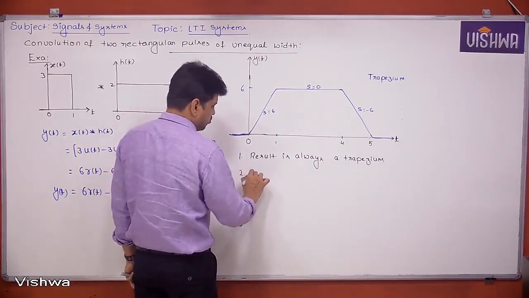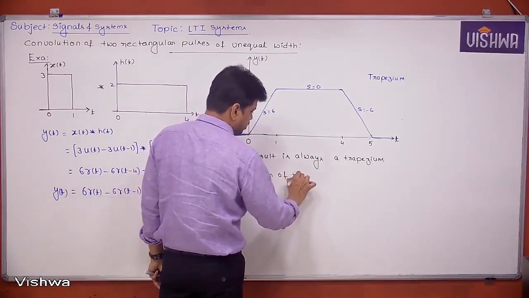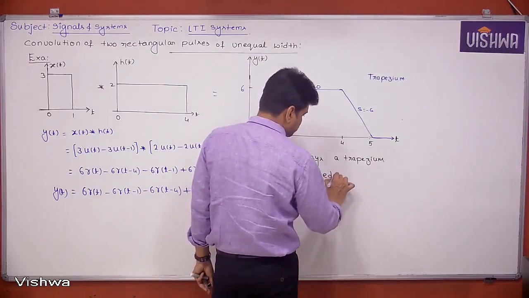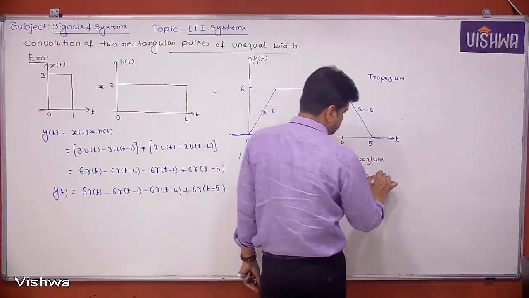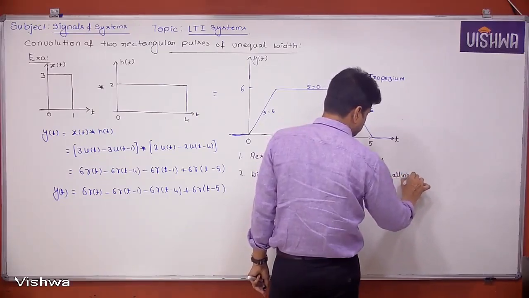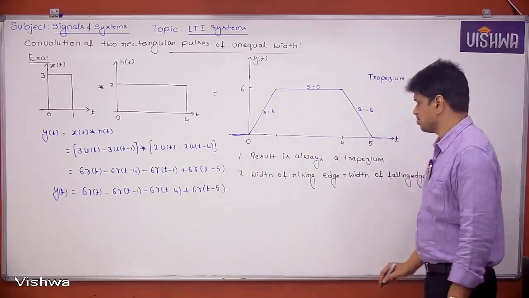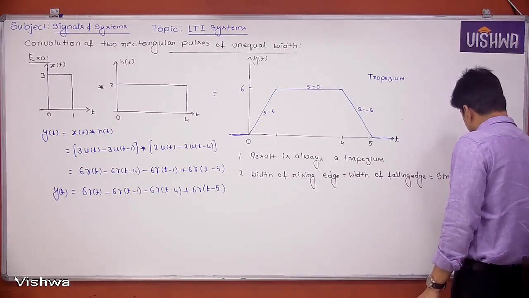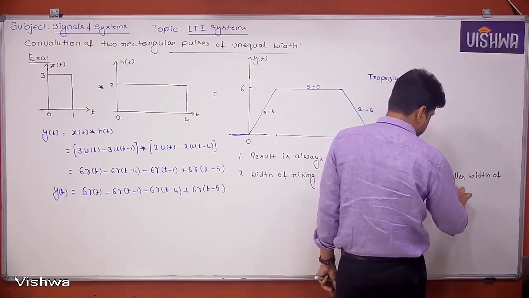Next, width of rising edge is equal to width of falling edge. And this is equal to smaller width of the rectangular pulses.